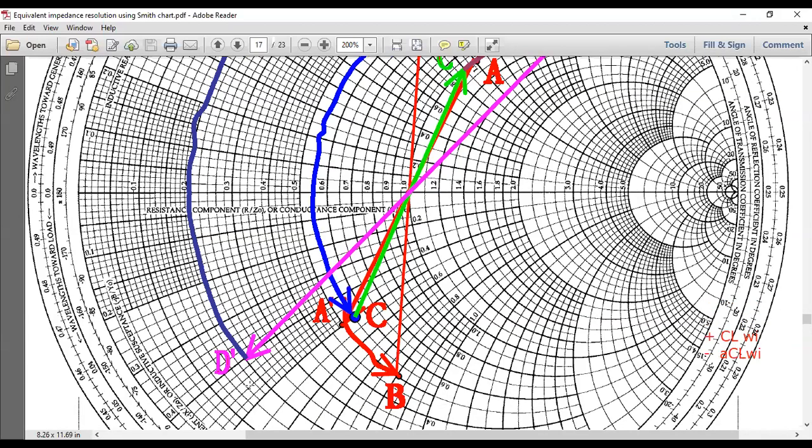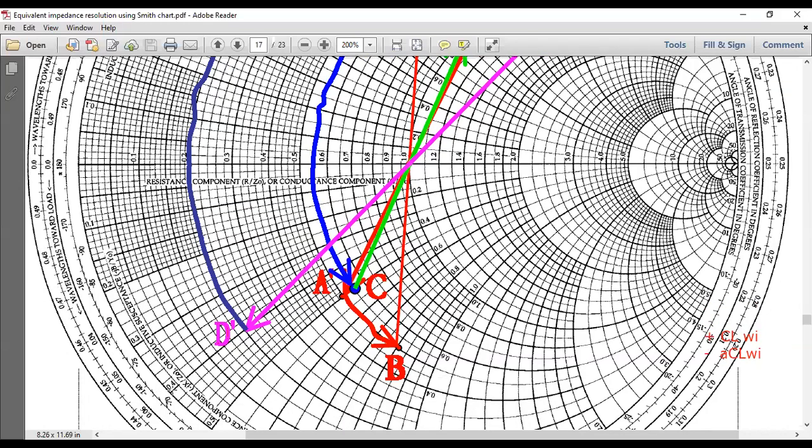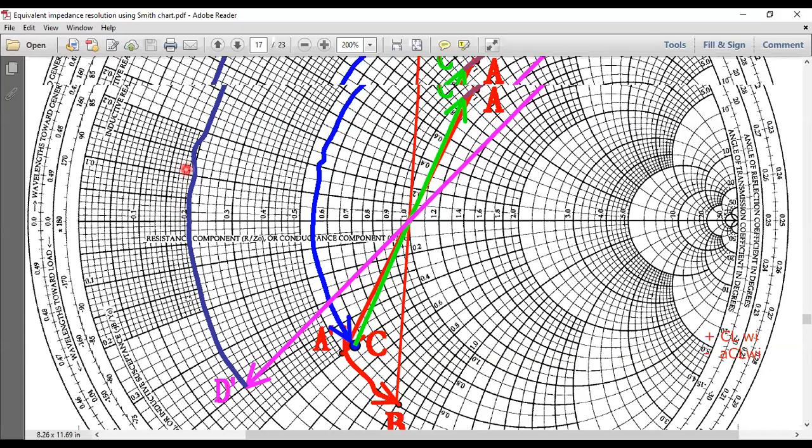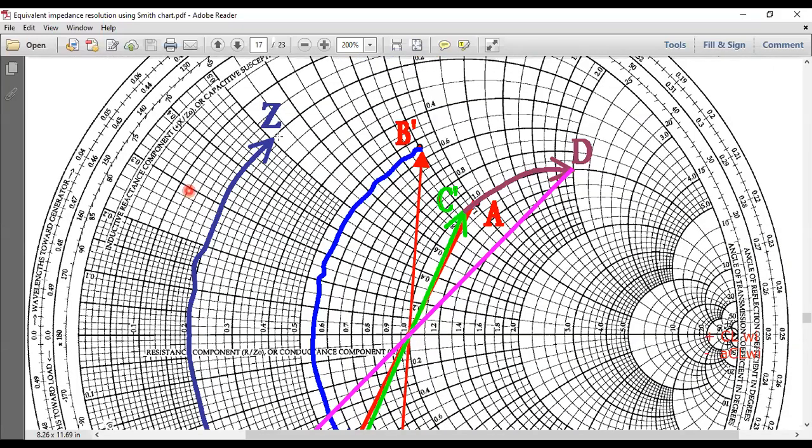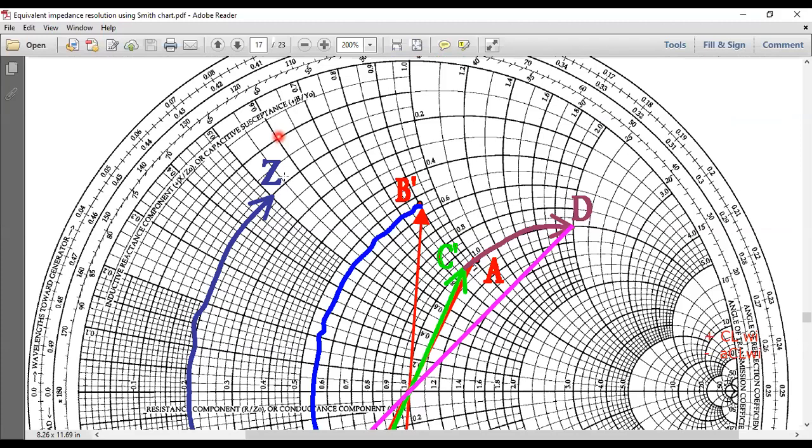So this is 0.4 and 0.9. From this point to this point it is 0.4, and 0.5 remains: 0.1, 0.2, 0.3, 0.4 and 0.5. So it will reach the Z.